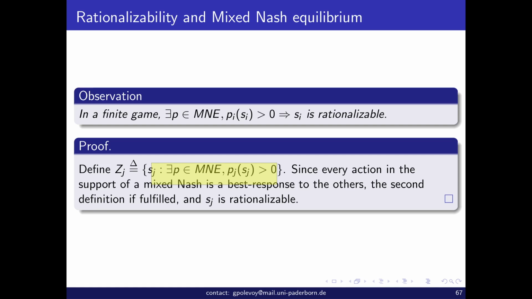Here we use one direction of this proof. So since every action in the support of a mixed Nash equilibrium is a best response to the other mixed actions, the second definition is fulfilled for those Z_j's, and each s_j belongs to one of those. Well, we immediately prove that for everything which is rationalizable. So any such s_j, we call this s_i, is rationalizable, so in particular s_i.